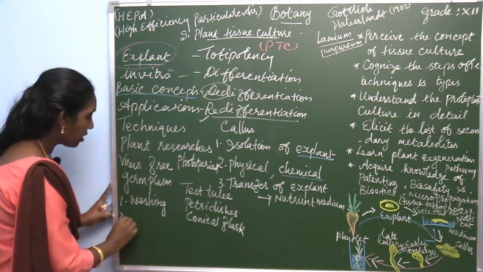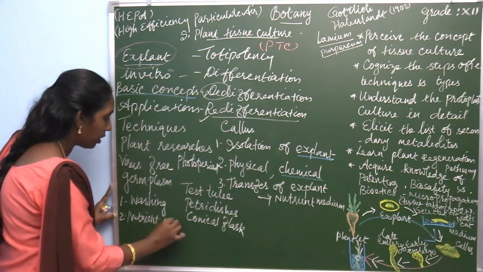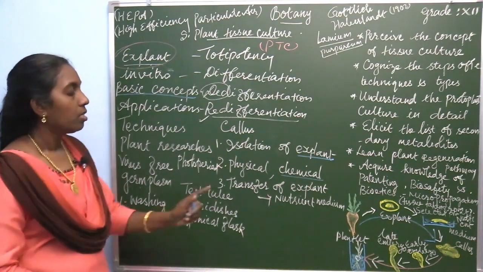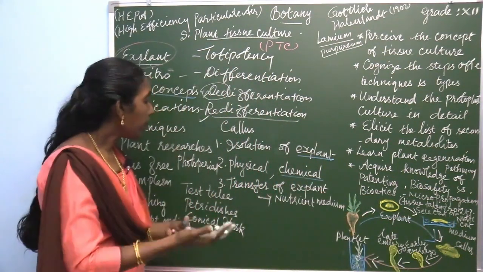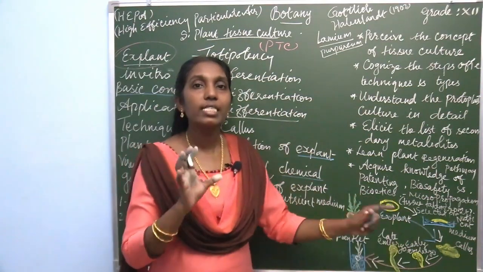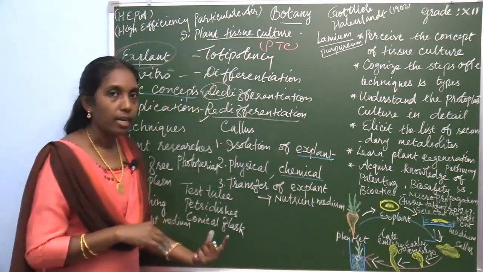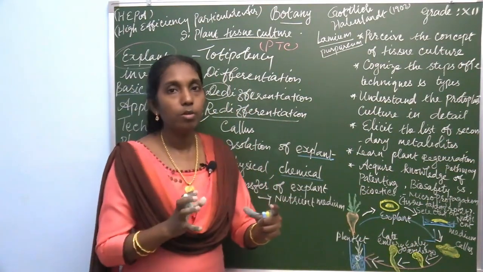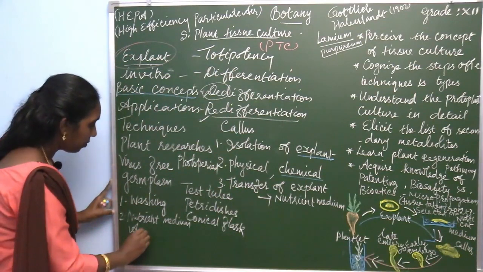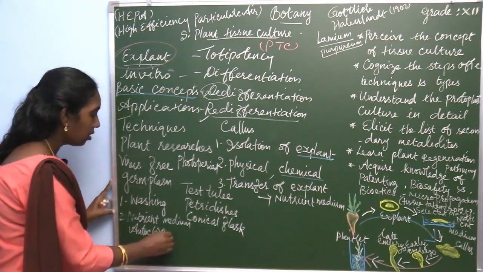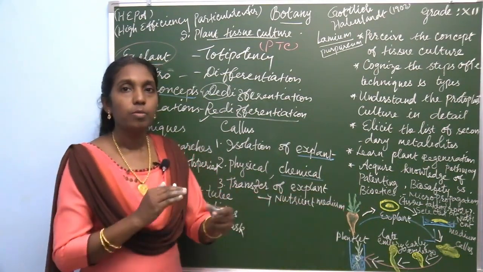Then the second facility is nutrient medium. Nutrient medium is very important, so preparation of the nutrient medium is needed. The room is sterilized, the glassware is sterilized, and the nutrient medium is also sterilized. An autoclave is needed to sterilize the nutrient medium and kill the microbes.